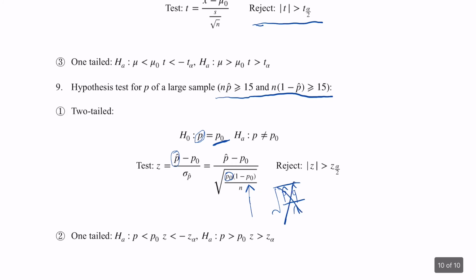This is wrong. Just pay attention to this. This is the only difference between the hypothesis test and the confidence interval. Because in the confidence interval section, we don't know the population proportion. But here you do know it because you set it equal to a hypothetic value.